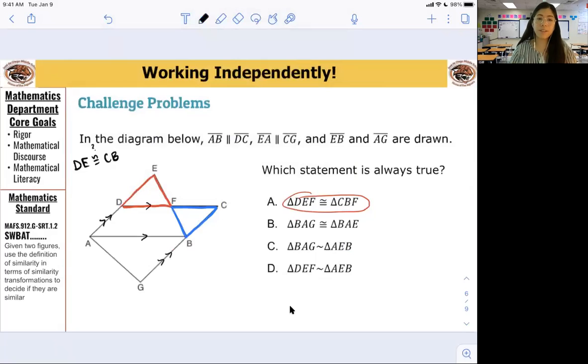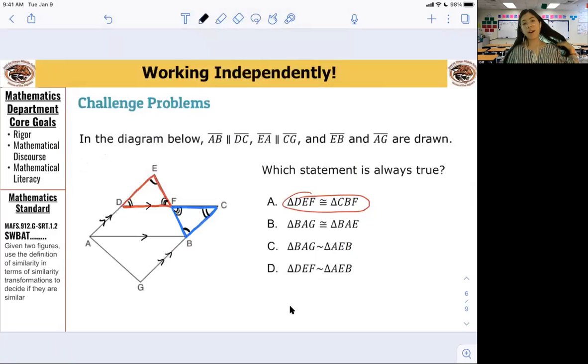What do we know about these two triangles? Maybe not the side lengths, but what about the angles? You have opposite interior angles, and some of them are corresponding. So this and this, right? C and D. And then also F, right? F is congruent to itself.